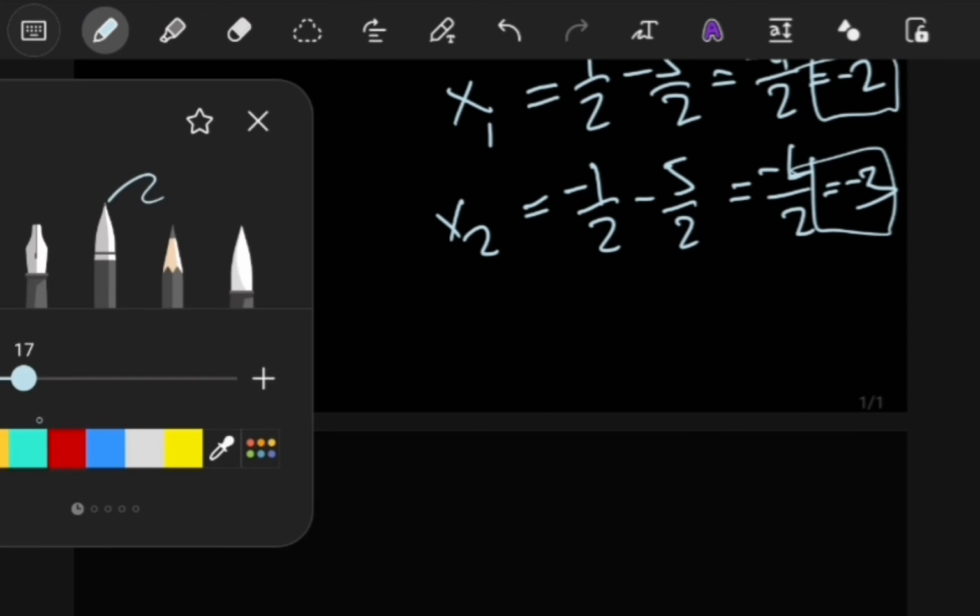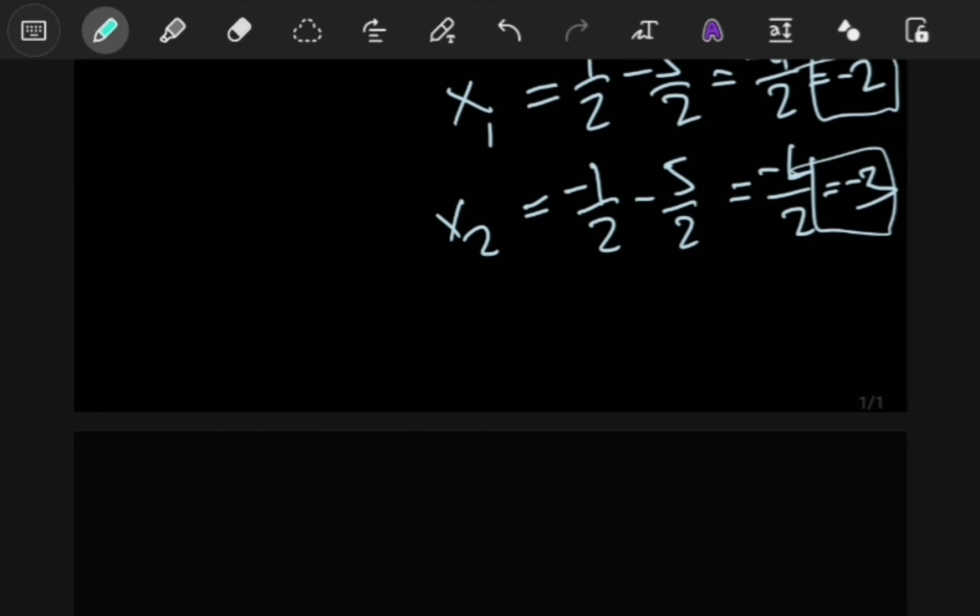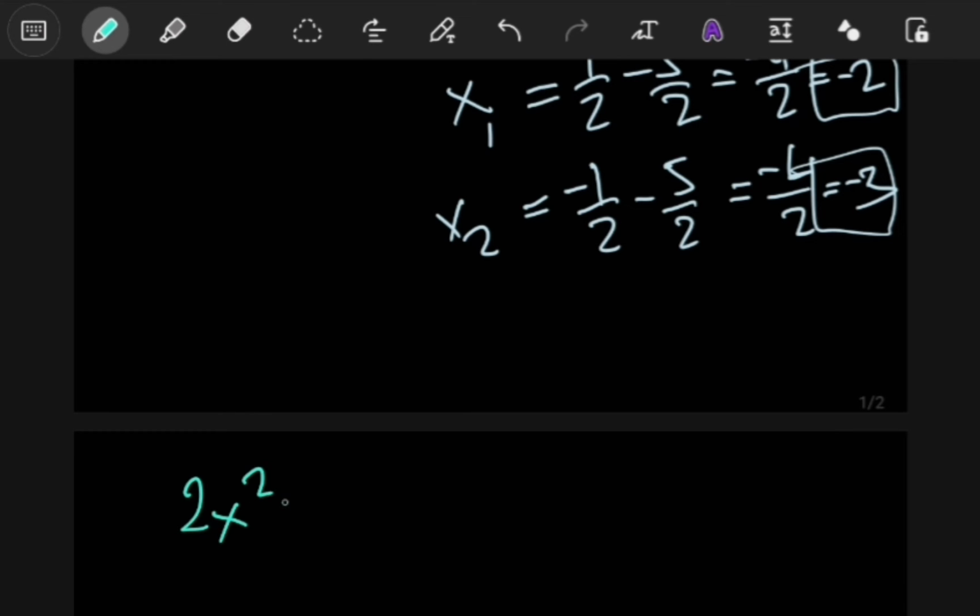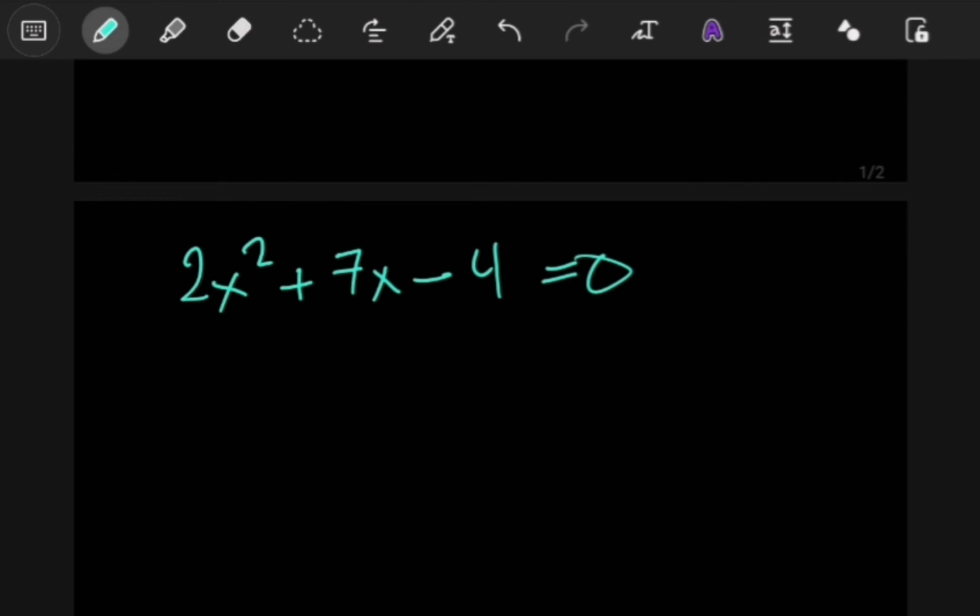Let's say we have a quadratic equation with a leading coefficient that is more than 1. So let's say 2x squared plus 7x minus 4. The first thing you need to do is to transpose negative 4 to this side, or add 4 on both sides.